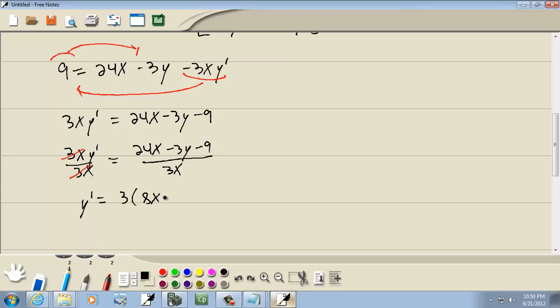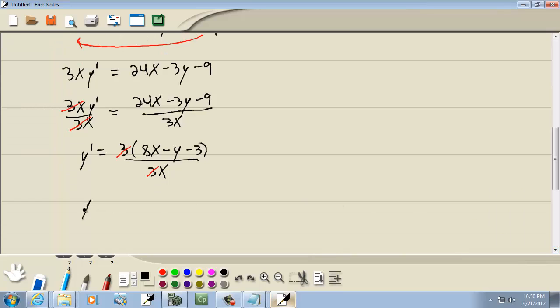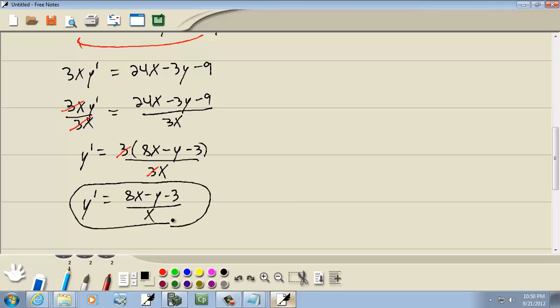And that gives us 8x minus y minus 3 over 3x. And these 3's would cancel, because this is 3 times this, and this is 3 times that. And we get y prime is equal to 8x minus y minus 3 over x. And that's our answer.